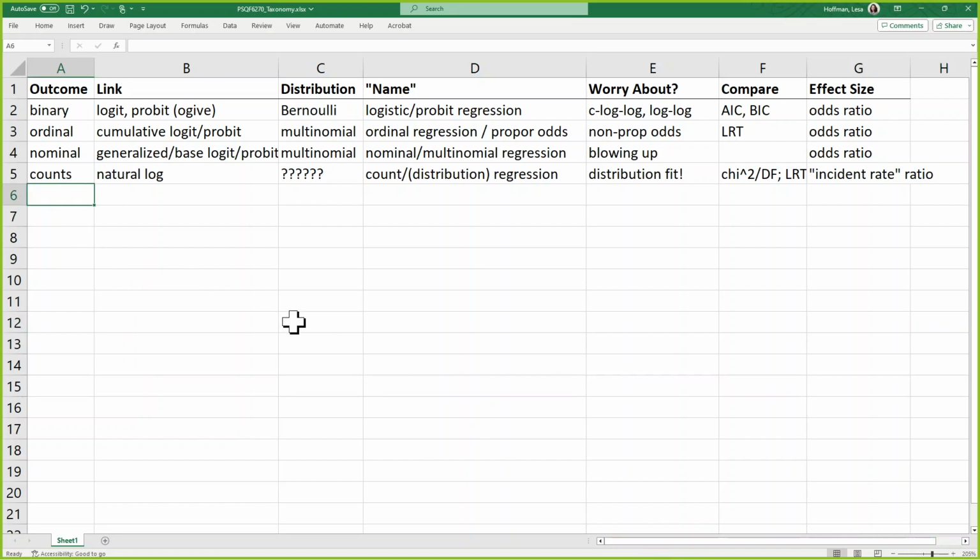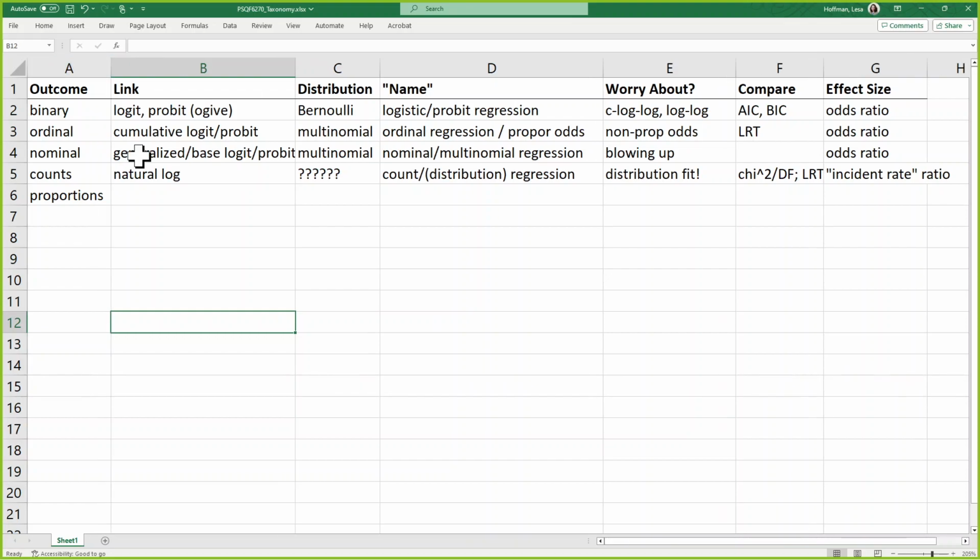Okay, what did we start talking about last week and Tuesday? Proportions. Yeah, proportions. What kind of link do I need for a proportion? Logit or probit, again, I would say. Logit's much more common. How about distribution? Do I know that, or is that a series of question marks?